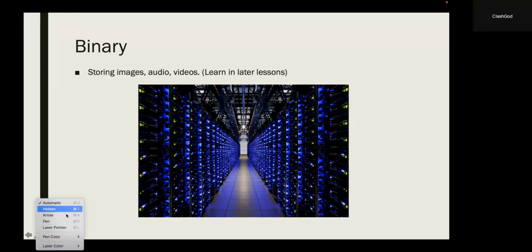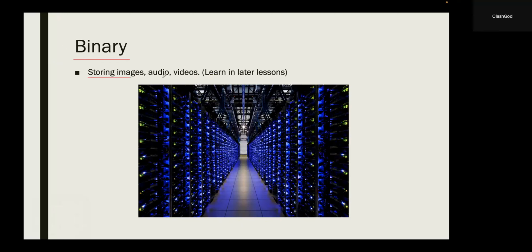And now let's take a look at binary numbers. Now, this is not so important. You don't really need to memorize these. I just want you guys to have a sort of idea. We will talk about the functions of binary in a lot more detail in later chapters, but for now, just think binary numbers are used to store a lot of things. This is like a major function of binary numbers.